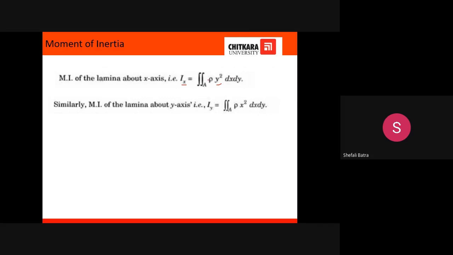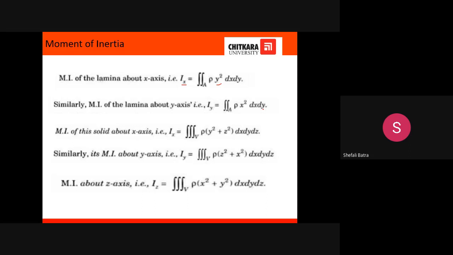Again in this formula, rho dx dy into y square if you're finding about x-axis. If you're finding about y-axis, it would be rho x square dx dy. Similarly for a solid. In every formula, we'll be writing this rho. So you need density in every case, right?